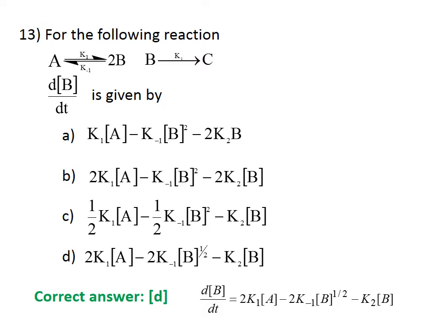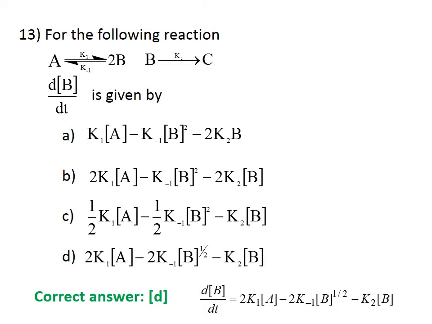Wherever the intermediate is formed is plus, and wherever the intermediate disappears, then you put minus. A gives 2B, it is plus 2K1 into A, and 2B gives A, that is disappearance, minus 2K minus 1 into B power half. In the second step, B will disappear, therefore the rate equation is minus K2 into concentration of B.